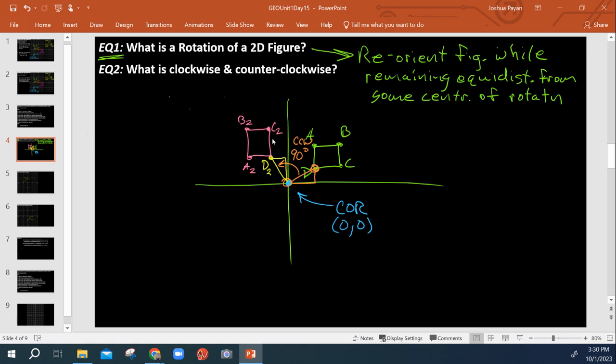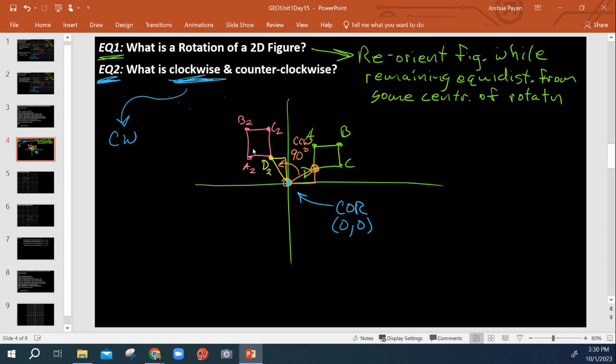So then that brings us into, well, what is clockwise and counterclockwise? Okay, so counterclockwise, and I'll use blue here, counterclockwise is what we saw just now. Okay, so a lot of you watching this are teenagers, you're learning how to drive, right? So if I start with clockwise, okay, you'll see me abbreviate it as CW.